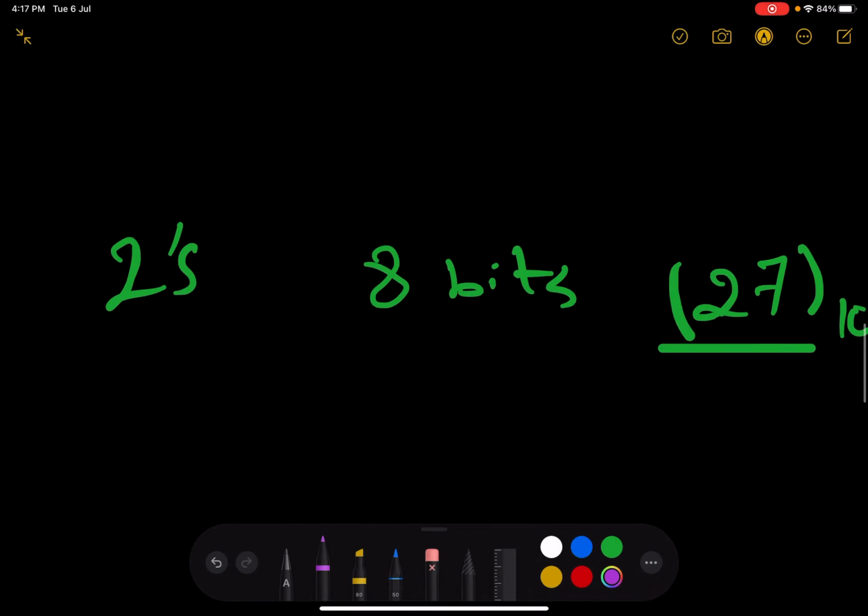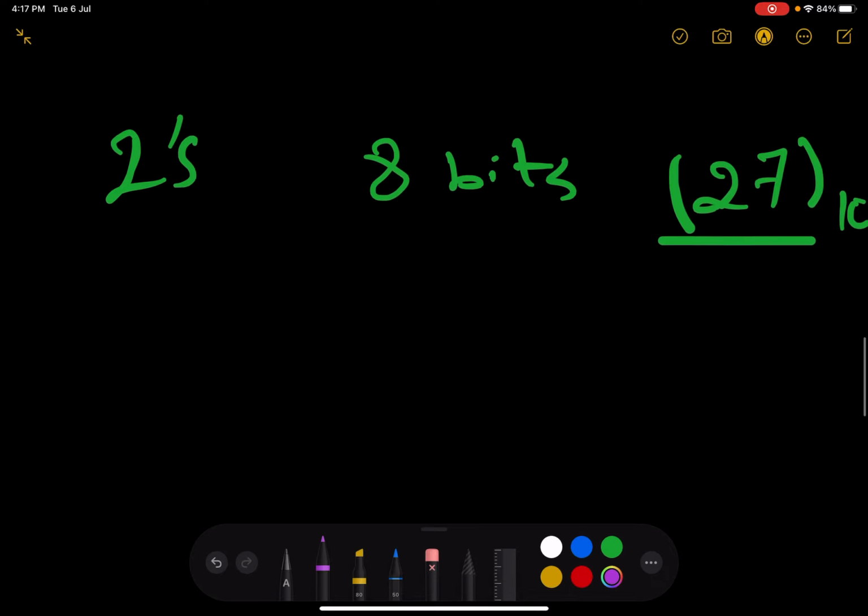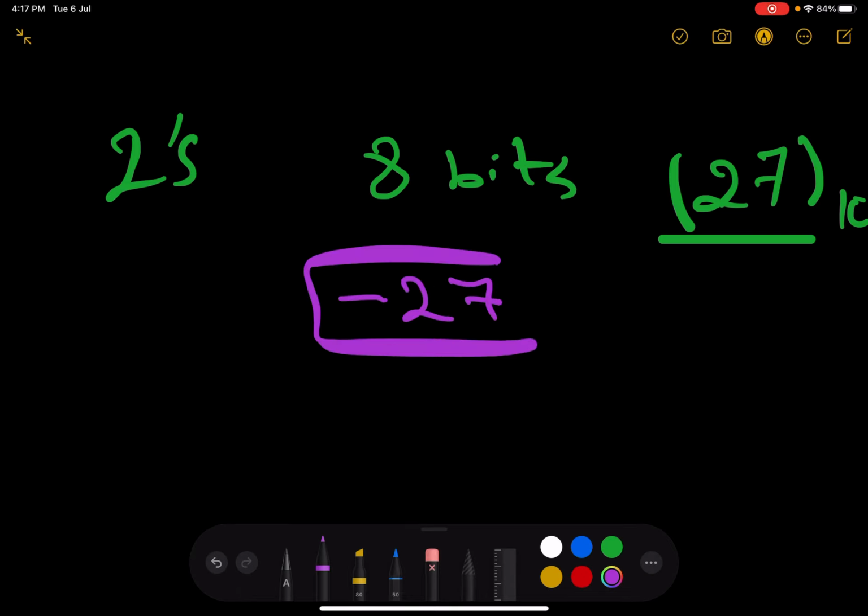Now we're going to have an example to practice, because sometimes they might ask you to get the twos complement of a number using a specific number of bits. So now we have 27, and when the question asks you for the twos complement, that means you're dealing with negative 27.